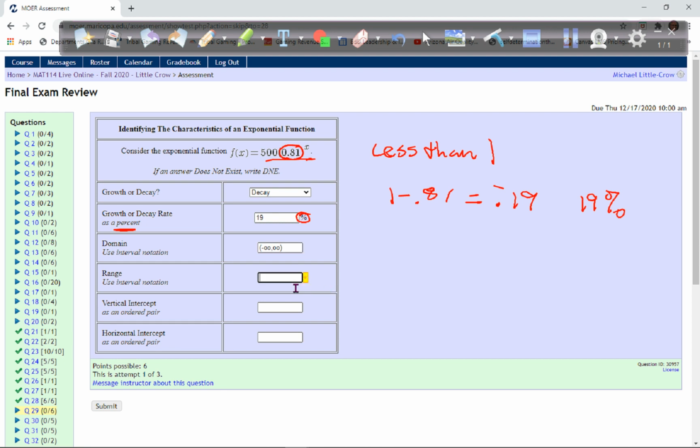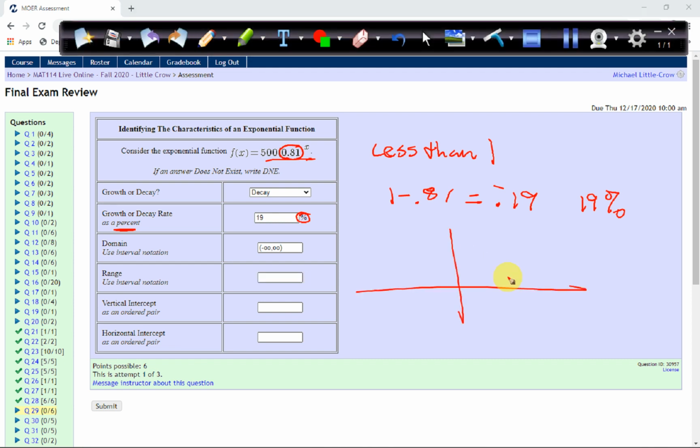Now our range, remember our range is for all exponentials, the output is always going to be bigger than 0. Even though it's going to decrease, remember exponentials, the graph will look something like this, where it's going down, down, down.